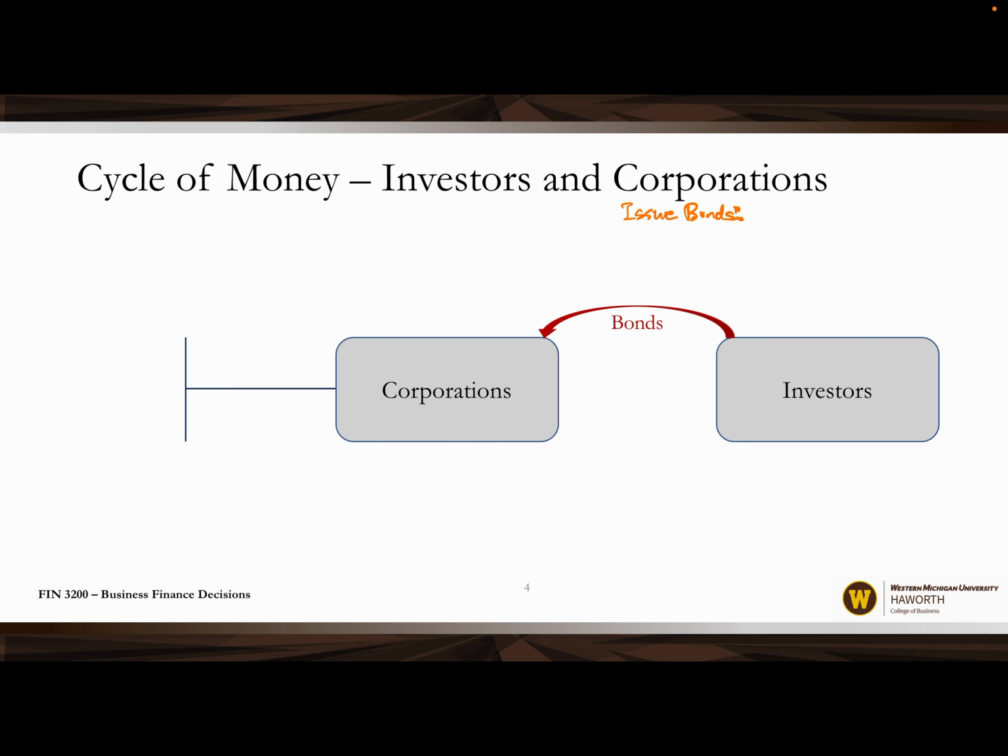But for now, for the first exam, just know that when corporations issue bonds, corporations are borrowing money from investors. Investors that purchase these bonds are called bondholders. These bondholders are lending money to the firm, so they are lenders or creditors.